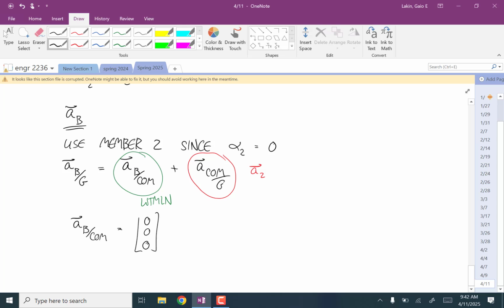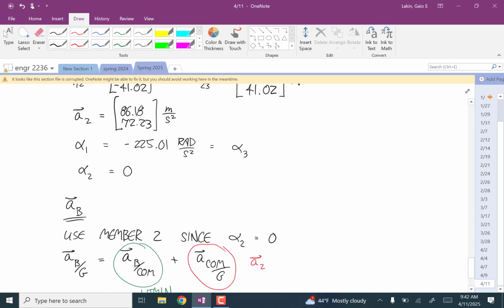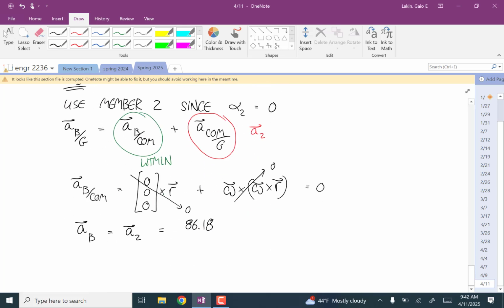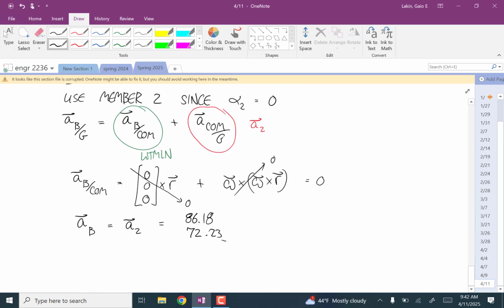So this is just 0 crossed with R plus omega cross R. This is 0. This is 0. And so the acceleration of B is just equal to A2, which is 86.18, 72.23 meters per second squared.